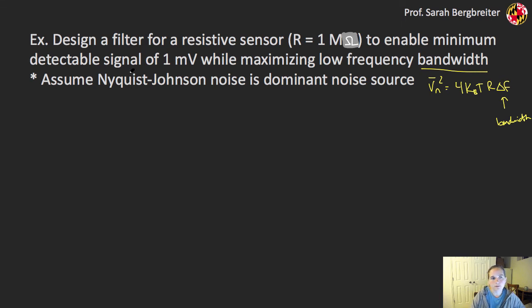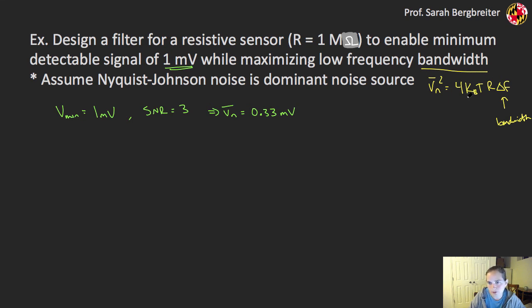Right, the other part of this problem to consider is this minimum detectable signal of a millivolt. So if I want my minimum detectable signal to be 1 millivolt, and I assume that I want an SNR of 3, then I need my noise, in this case, to be approximately 333 microvolts, or 0.33 millivolts.